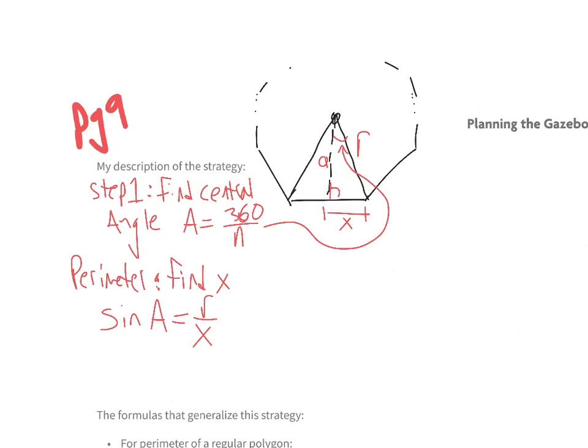Okay, and then once we can find that half side, the perimeter would be 2 times that half side times the number of sides. Note that we have n sides. That's important. All right, almost done here. So we have n sides, and then that's to find our perimeter.